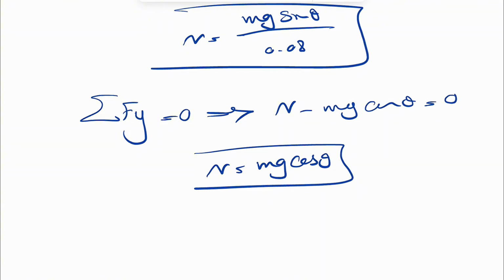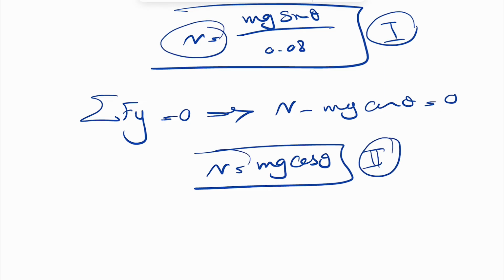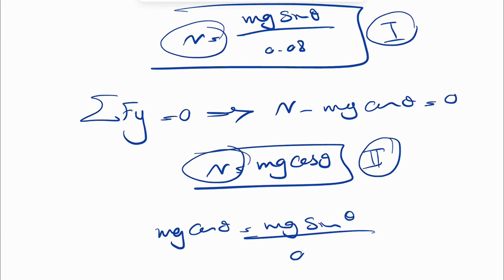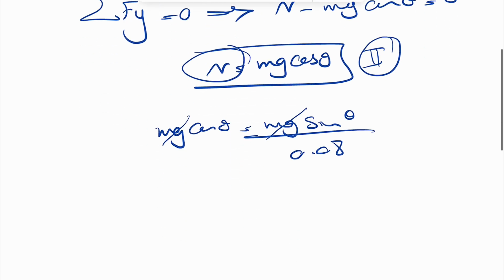From here, we have these two equations, and they have n on the left side, which means mg cosine of theta is equal to mg sine of theta divided by 0.08. So we can cancel out mg and do the cross multiplying here.